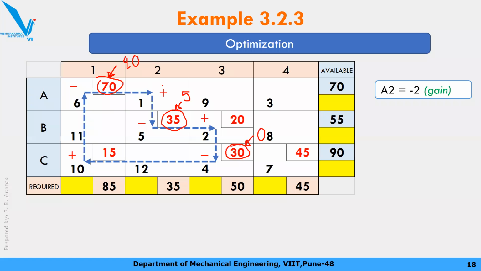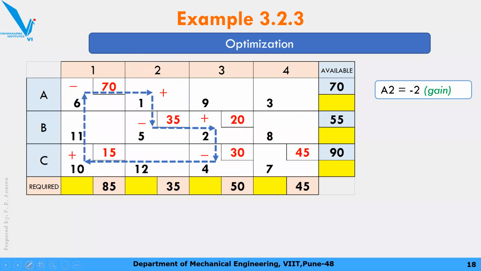Here we have a positive sign, you add 30 here. Then here 20 was positive, so add 30 more, it will become 50. Then here the positive cell was 15, add 30 to it, you will have 45. So do this calculation and allocate the new values. At this location there will not be any allocation now.